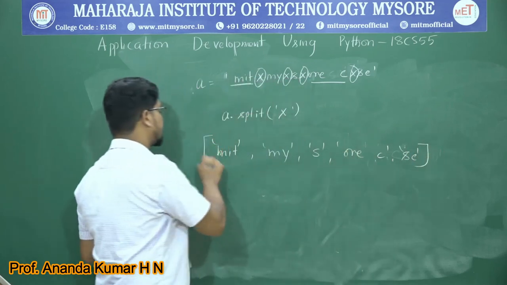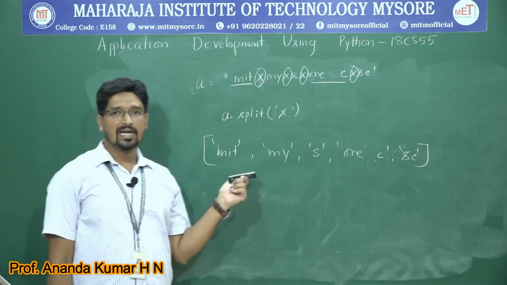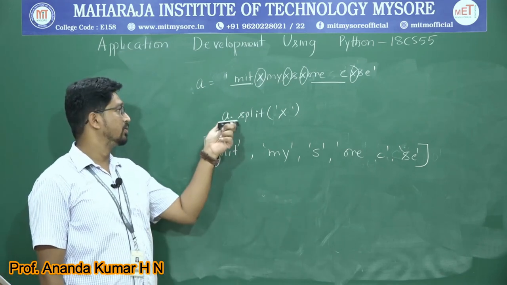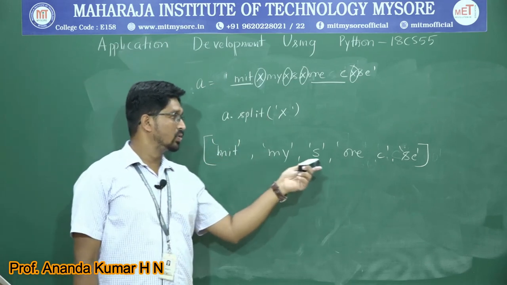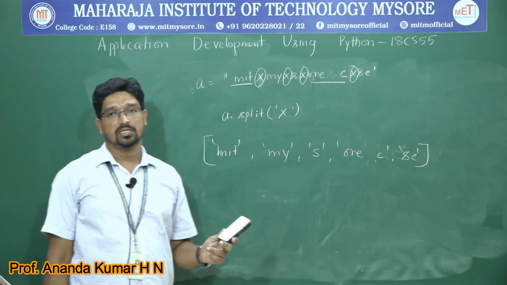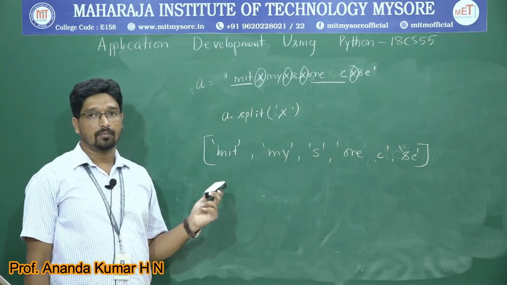So these are the split words, which are list elements. So A dot split by X is nothing but MIT, MY, S, ORE, CSE. So this is how you split the string.